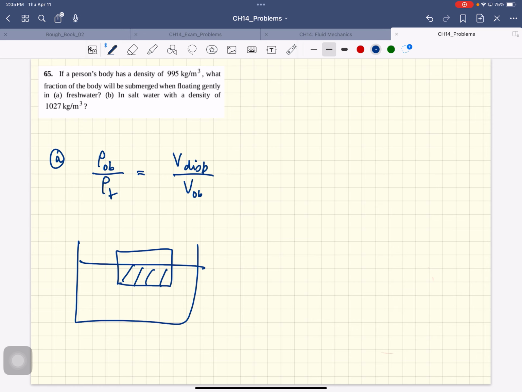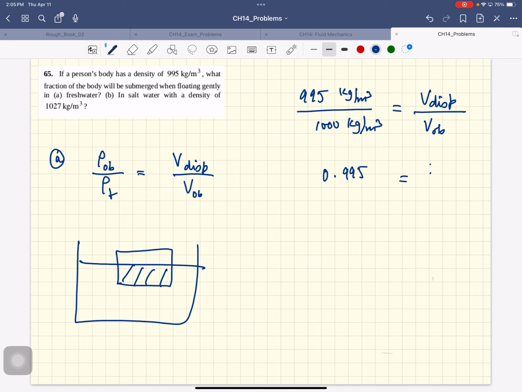So 995 kg per meter cubed divided by 1,000 kg per meter cubed is equal to 99.5%.